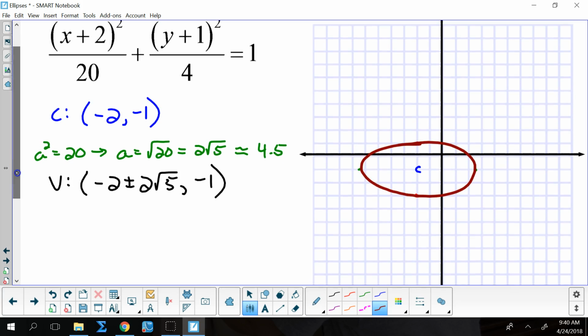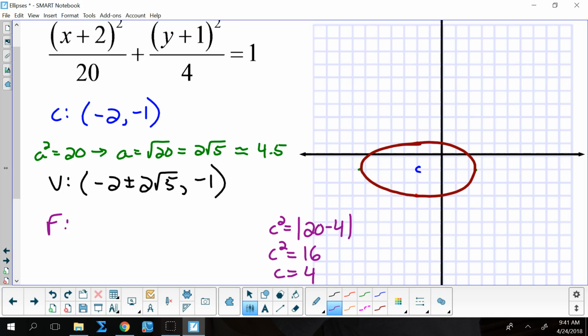Then I need to find my foci. So c squared is going to equal the absolute value of 20 minus 4. So c squared is going to be 16. So c is going to be 4. So my foci then are going to be 4 units left and right of my center.